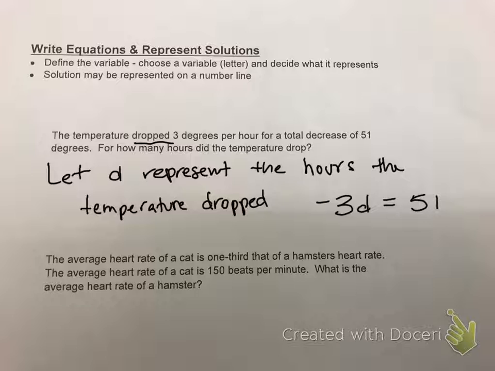So the reason is because we're trying to figure out how many hours it took for the temperature to drop 51 degrees. So some number times negative 3 gives us 51. So if you remember the tic-tac-toe, we have a positive number divided by a negative number, which means that the answer is negative.